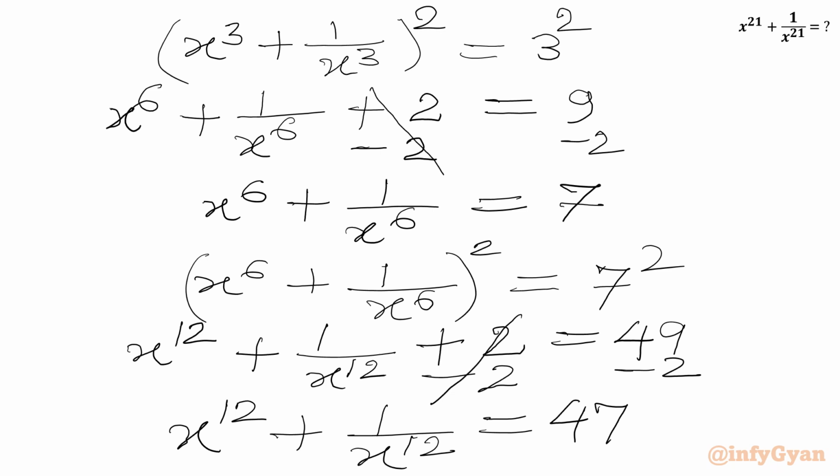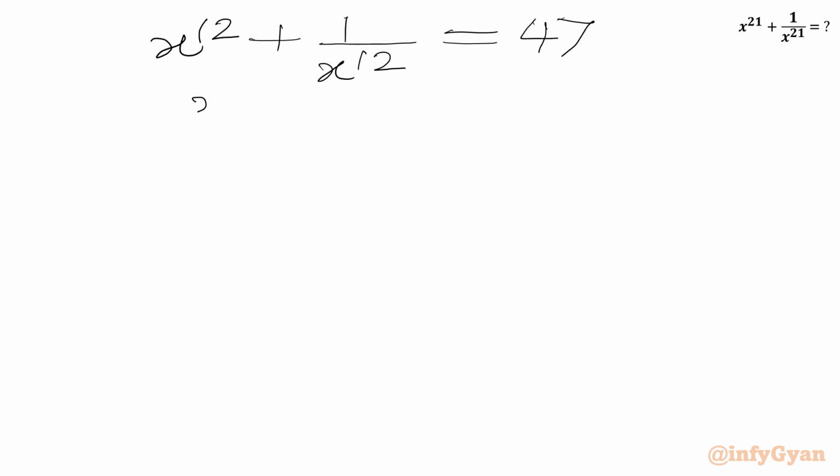So I will write two equations. Let me write here x power 12 plus 1 over x power 12. This is equal to 47. Our x cube plus 1 over x cube value was 3.